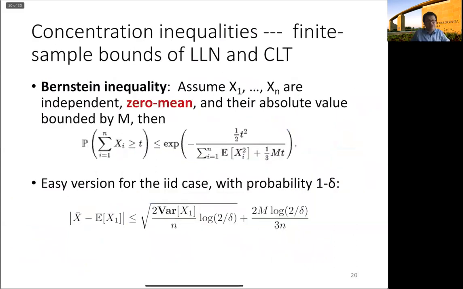There's an improved version of Hoeffding's inequality called Bernstein's inequality, in which case we want to get something stronger when we have the variance calculation, when the variance is much smaller than b squared over 4, right?